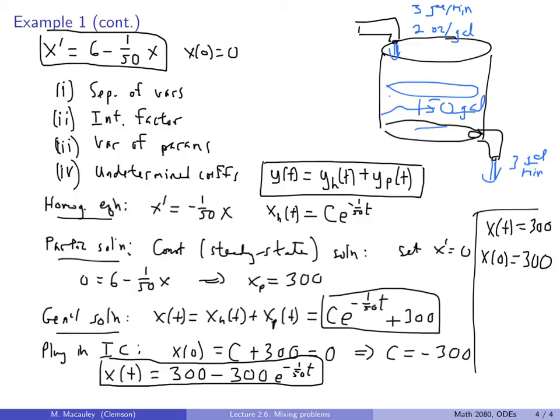So when there's 300 ounces of salt in the tank originally, we get a constant solution. X of t is 300 because the concentration of the incoming water is equal to the concentration of the tank.